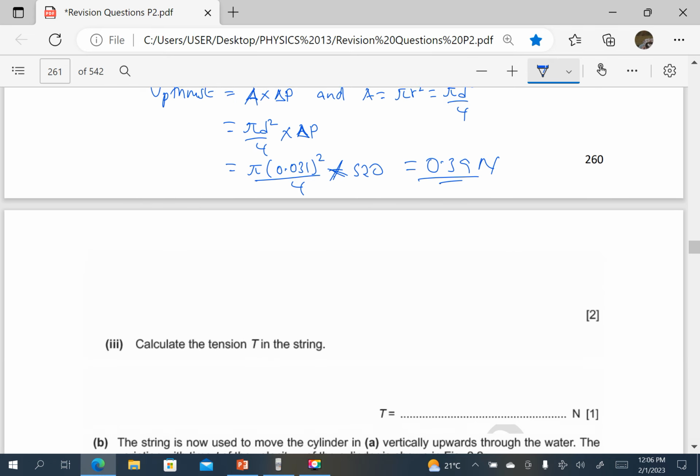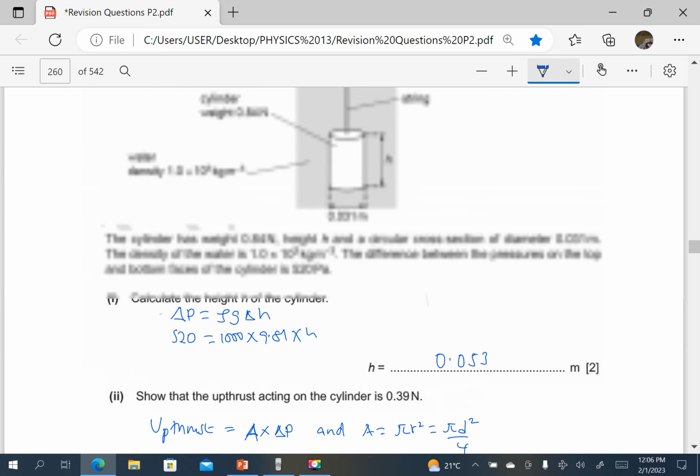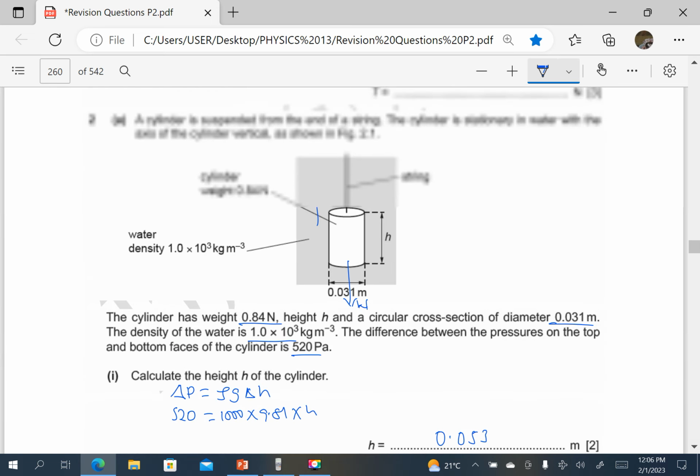Calculate the tension T. So we have seen that the tension T upwards plus the upthrust for equilibrium should be equal to the weight. From the diagram, you can see the tension and the upthrust.